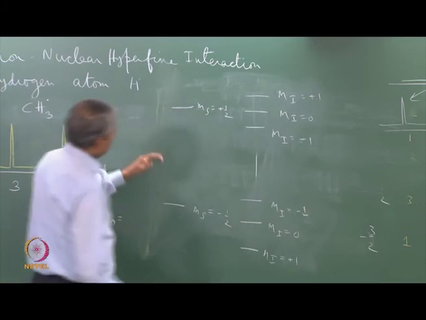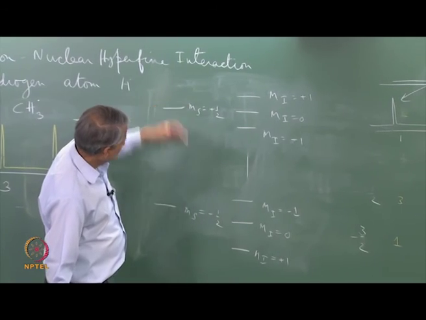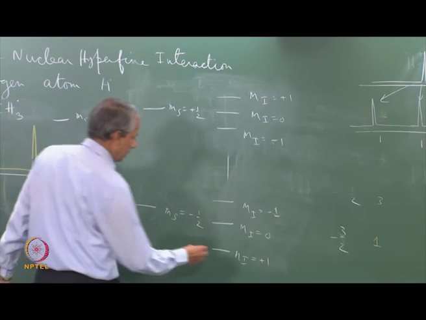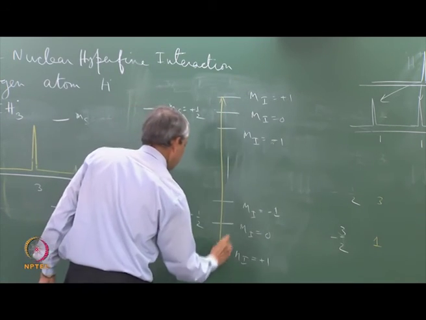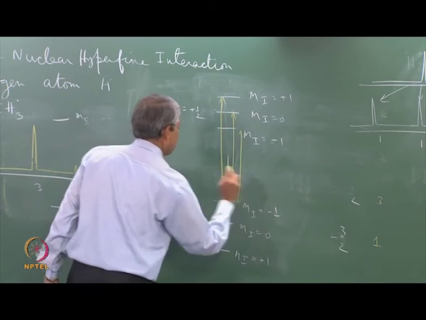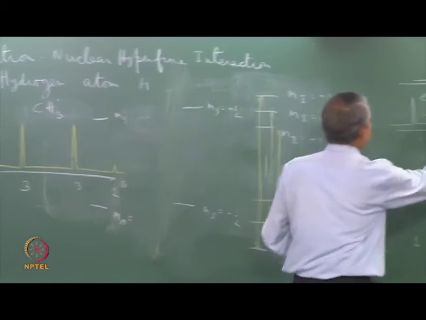And then based on the condition that when the EPR transition takes place, electron spin changes from -half to +half, but the nuclear spin does not change, that allows me to have these 3 transitions, from here to here, here to here, and the third one from here to there. So, these 3 transitions will be reflected in the spectrum.